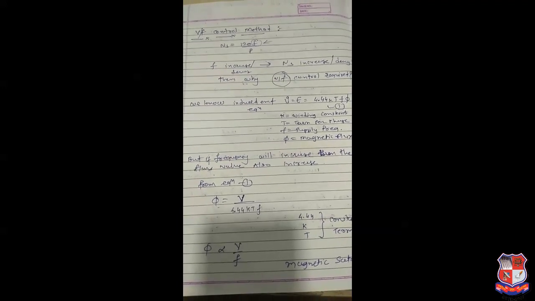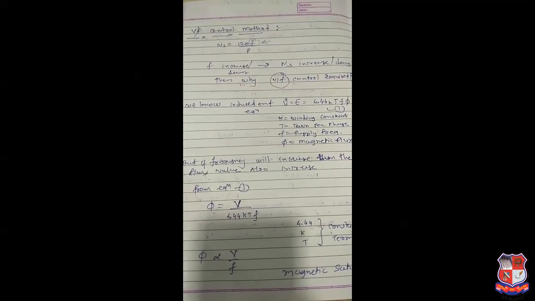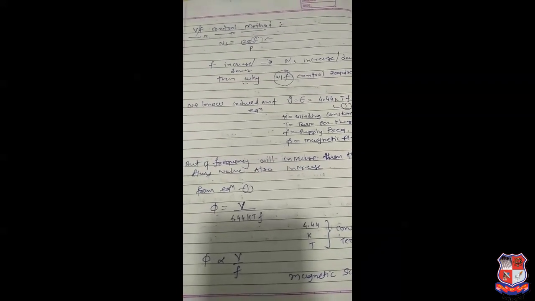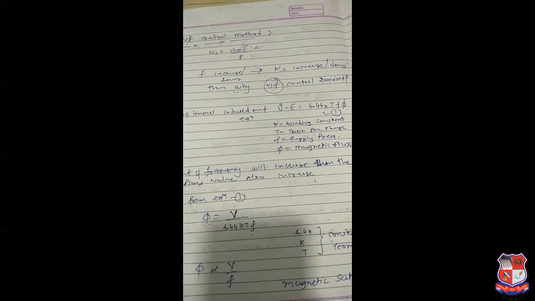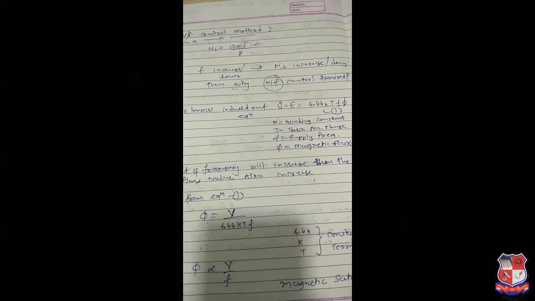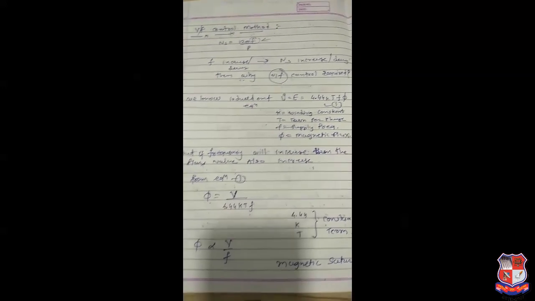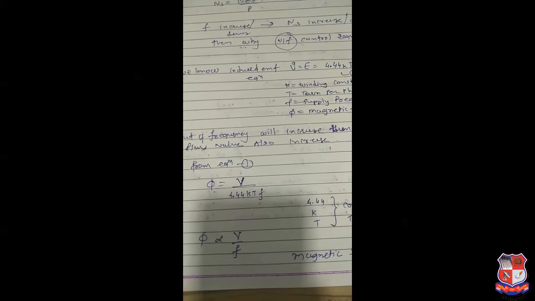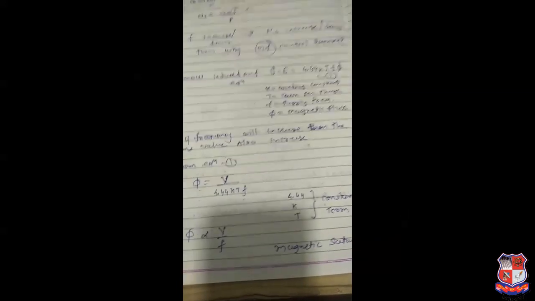From this equation, we have the relationship between the voltage, frequency and the flux. Phi is the magnetic flux required for the motor.